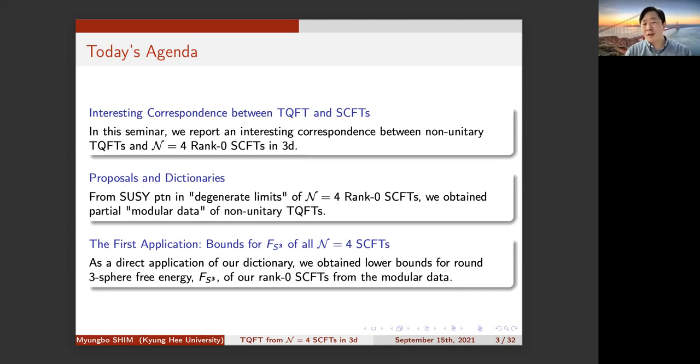And according to the F-theorem, this three-sphere free energy is monotonically decreased along the RG flow. So this is a proper measure of degrees of freedom.